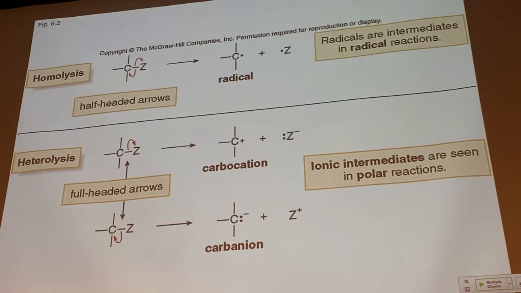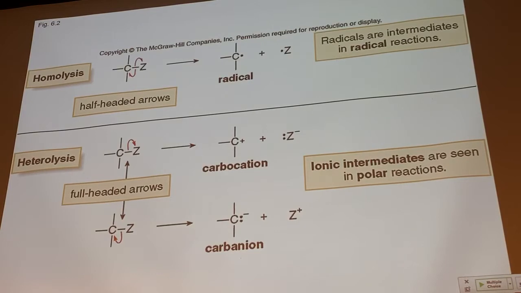So we use a different type of arrow to indicate the movement of a single electron. That is a half-headed arrow, which is also sometimes referred to as a barbed fish hook because it looks like a fish hook. Here we see that one electron is going to Z, one electron is going to the carbon. And so we end up with intermediates that have unpaired electrons that are referred to as radicals.